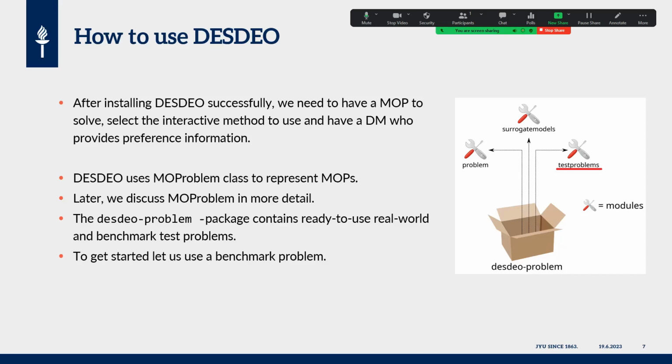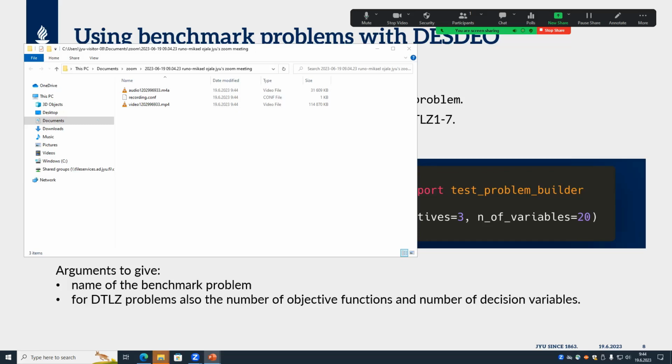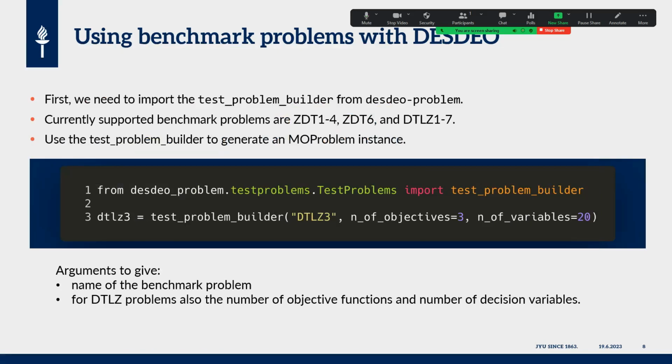I'll just show an example of how to use one of these at the code level so you can see. You can just import these real-world inspired problems, and then you can call them normally like any Python function.